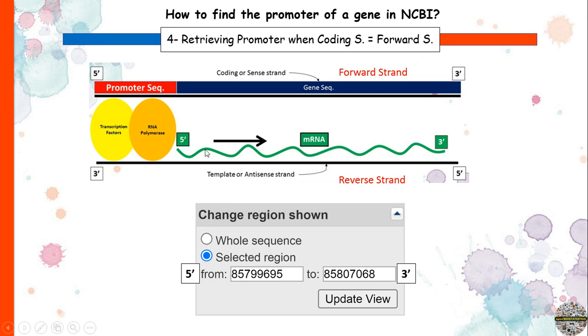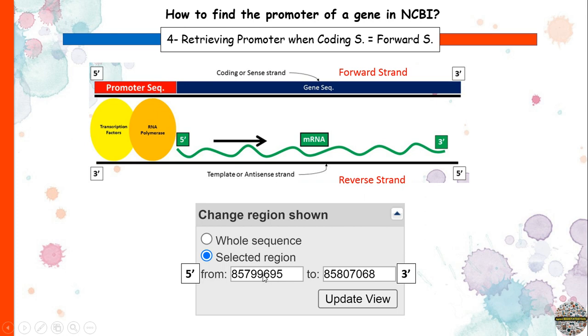So this number is the number of the nucleotide right here. This is right here. So if we want to retrieve the promoter sequence, we just need to go backward, go reverse to get the promoter.